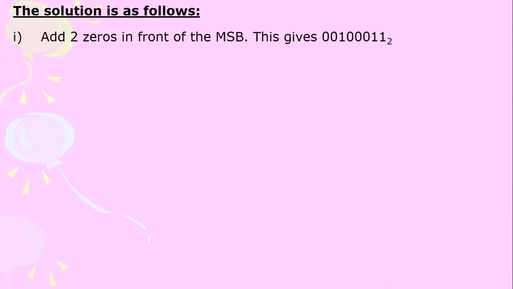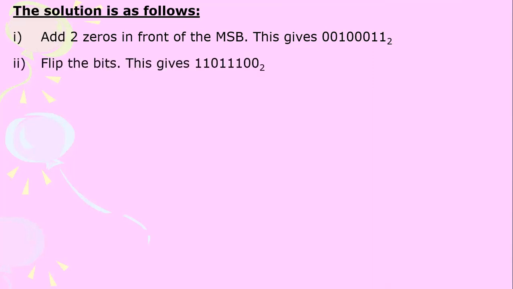Step 1, add 2 zeros in front of the most significant bit. Our most significant bit in this case is 1, that is the leftmost bit. So when we add 2 zeros in front of it, we get 00100011 binary.